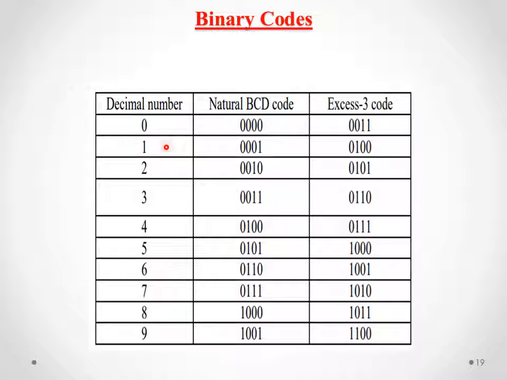Now 1 plus 3 is 4, that is 0100. Then up to 9 plus 3 is 12. So for the 4-bit combinations we can represent up to 12. So 13, 14 and 15 are considered invalid states in XS3 code.